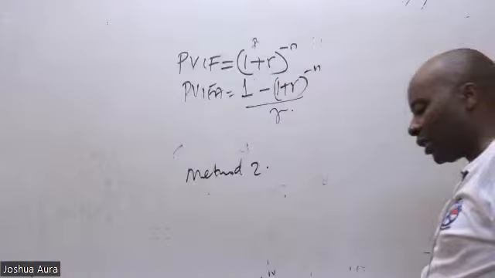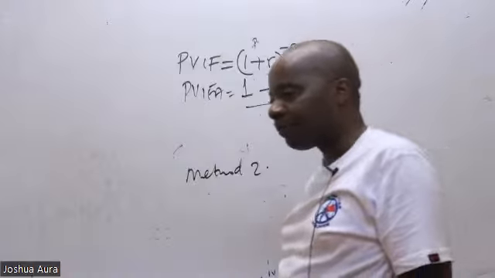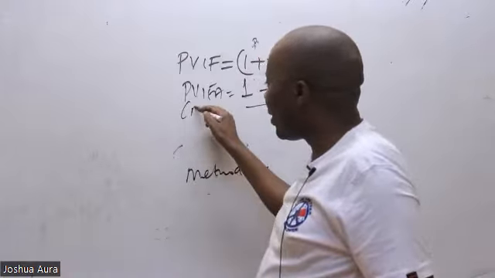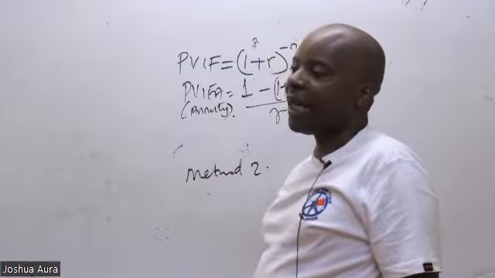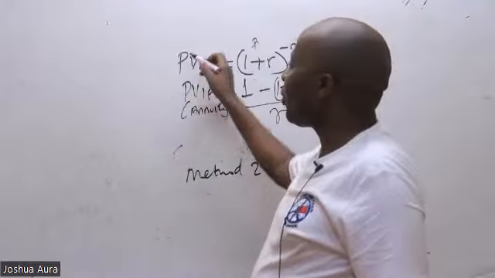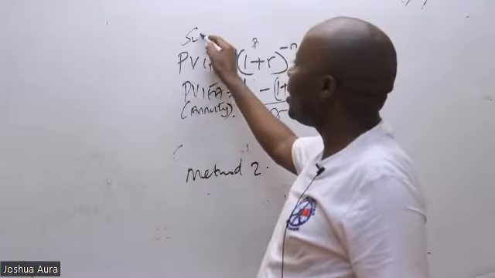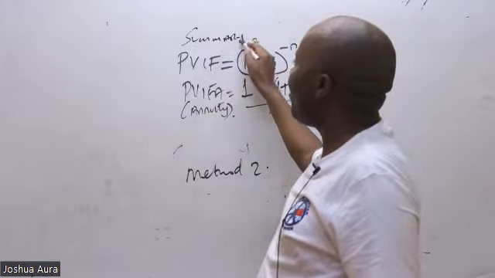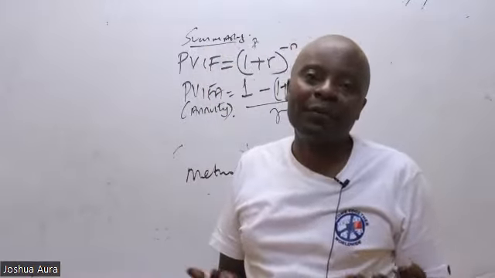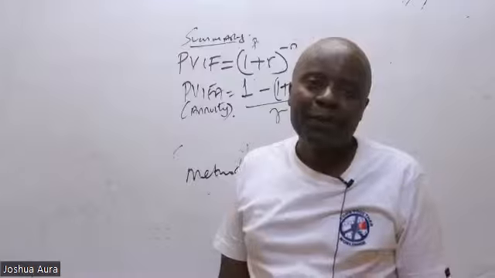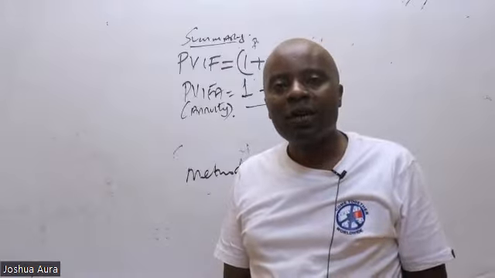Now, my great students, listen to me very well. If I were you, I would have written somewhere here that this is an annuity. This is a very important summary. I'll pick the important summary, and then depending on the political party or even my tribe, I will use a highlighter of that color.